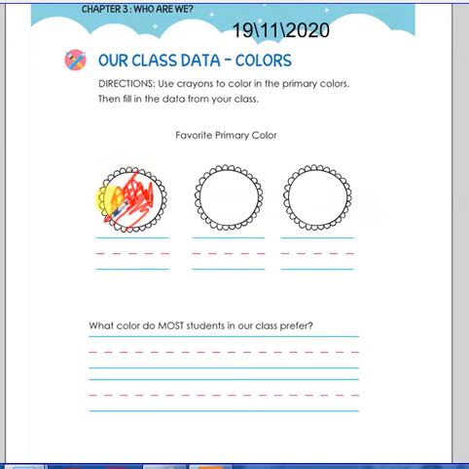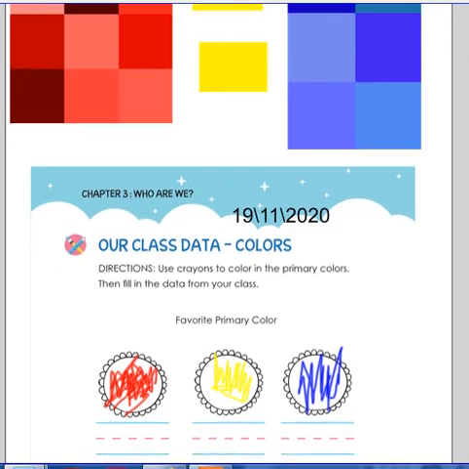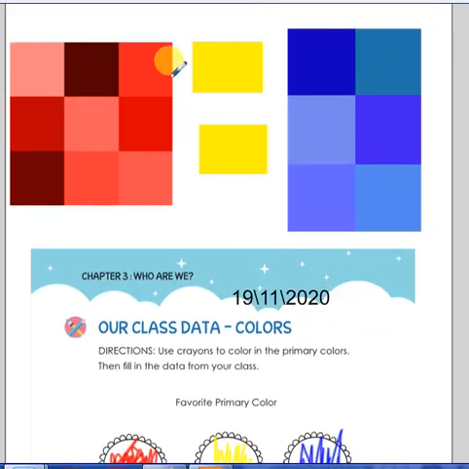Okay, and the other color is what? Yellow. Color this with yellow. And the last one is blue. How many red here? Can you count? Count with me. 1, 2, 3, 4, 5, 6, 7, 8, 9.